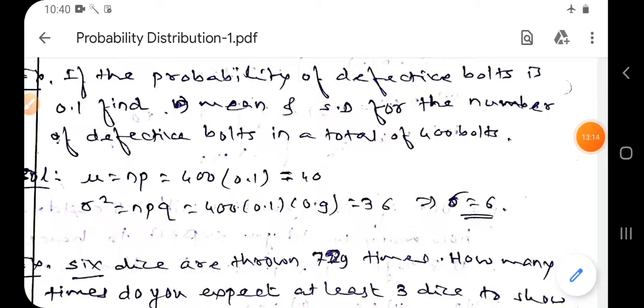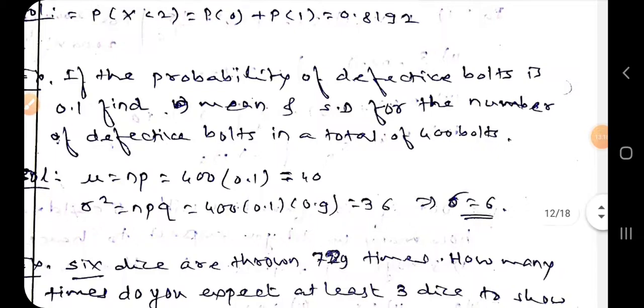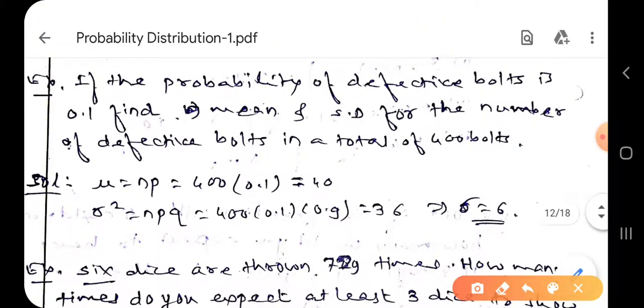Our next question is, if the probability of defective bolt is 0.1, find mean and standard deviation for the number of defective bolts in a total of 400 bolts. See, probability of defective bolt is 0.1, find mean and standard deviation.